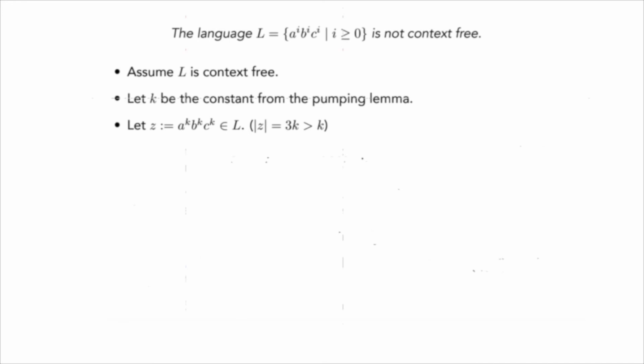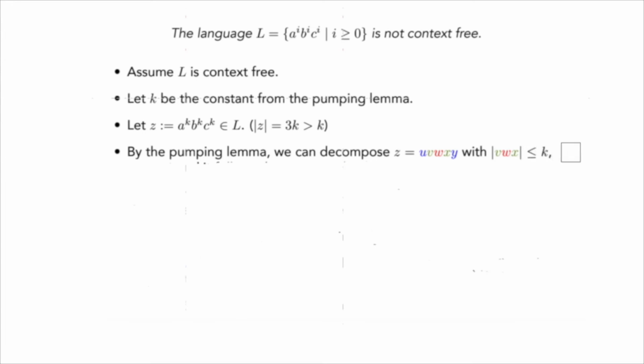Now that we have a suitable word z, which we know is in this language, for such a word, we should be able to decompose this word into 5 subparts, u, v, w, x, and y, with the constraints that the middle section, v, w, x, has to be less than or equal to k in length, and not both of v and x can be empty, so the length of v and x combined has to be at least 1.